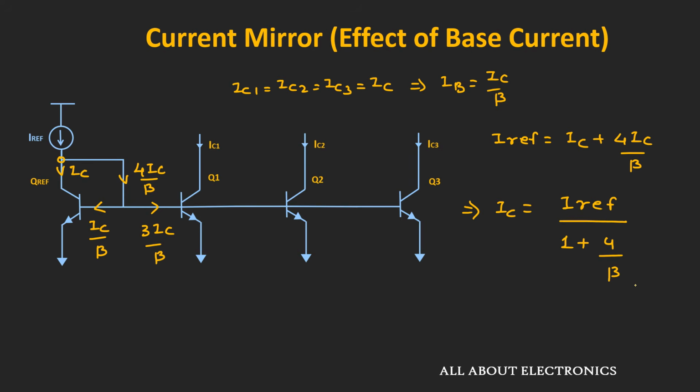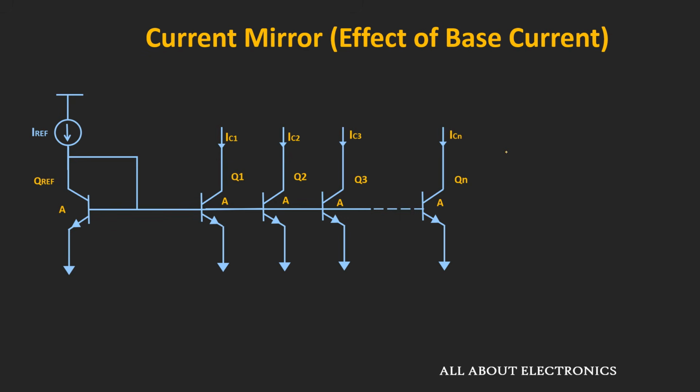So instead of 3 transistors, in general, if n transistors are connected, then this collector current IC can be given as I reference divided by 1 plus n plus 1 divided by beta, right? As long as the value of n is moderate and the value of beta is high, we can assume that this collector current IC is approximately equal to I reference.